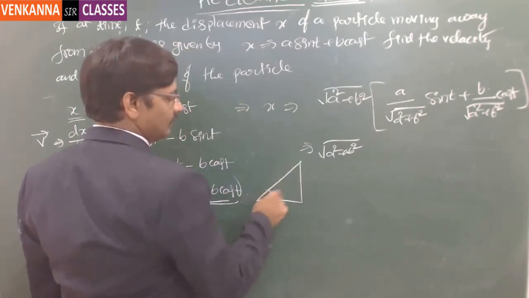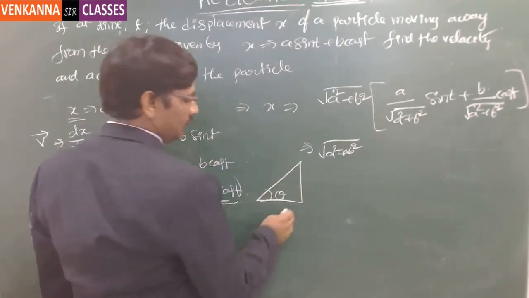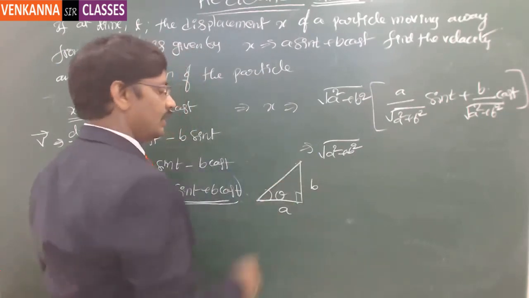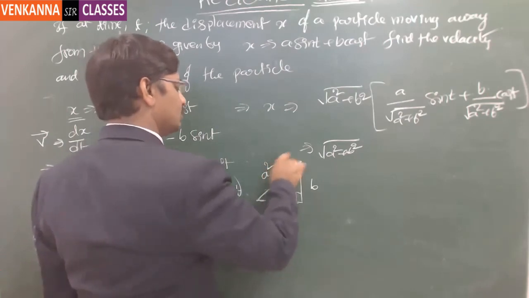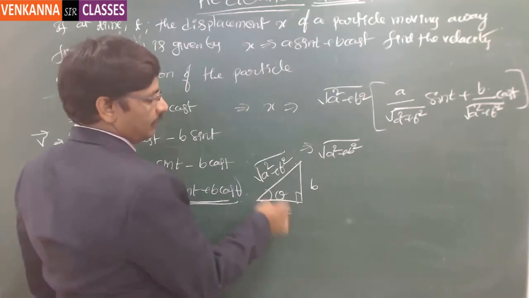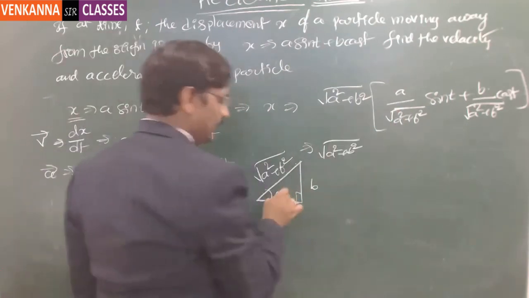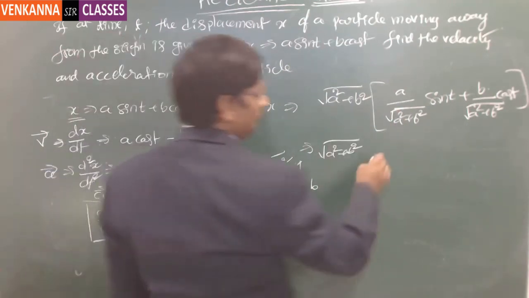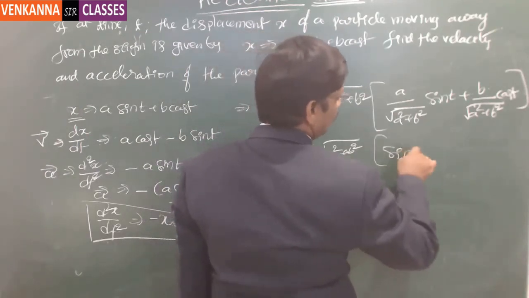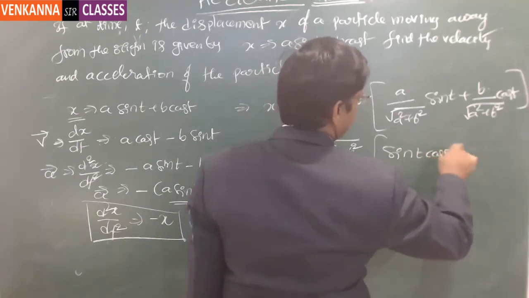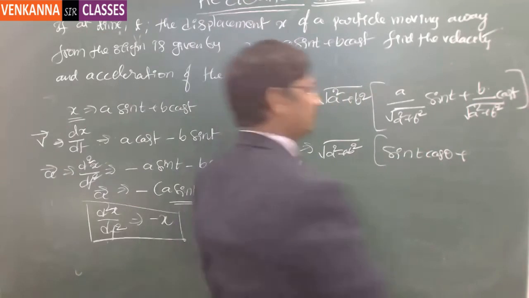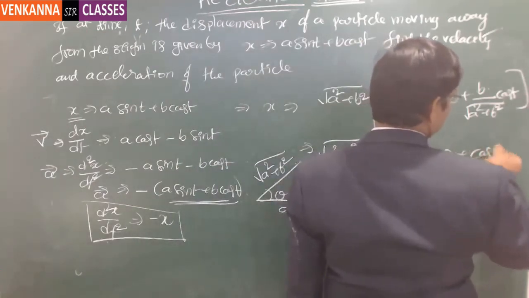I call this angle theta, this side a and this side b. Being a right angle triangle, the hypotenuse is the square root of a square plus b square. So a by square root of a square plus b square I can treat as cos theta, and b by square root of a square plus b square I can treat as sin theta.